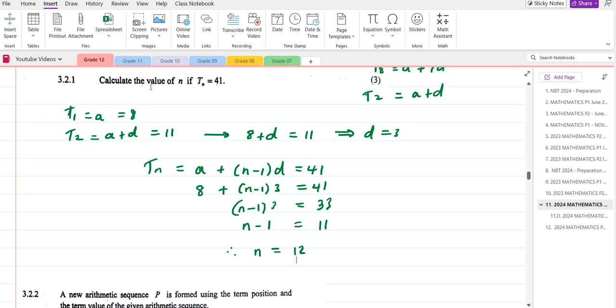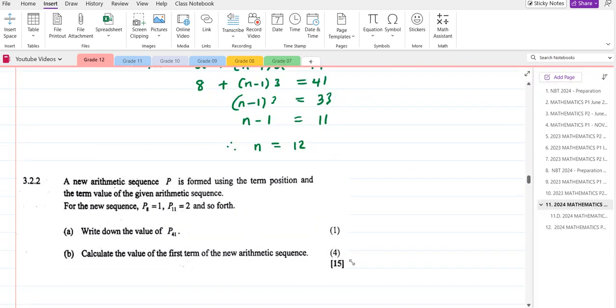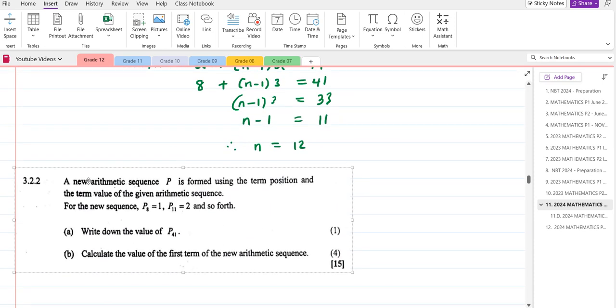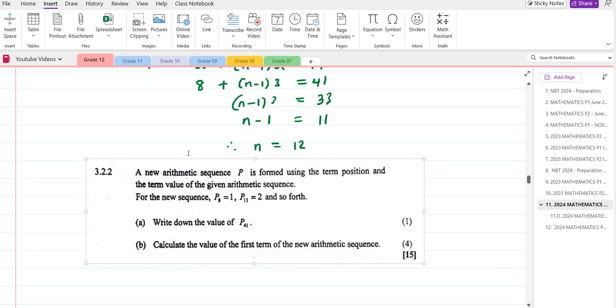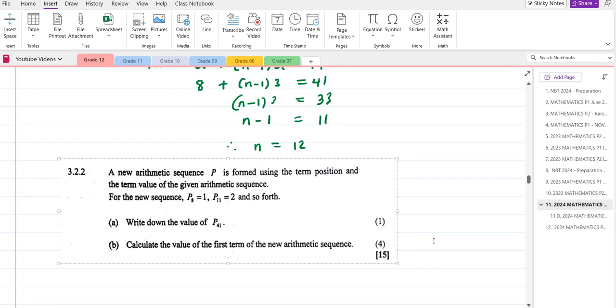Calculate the value of n if Tn equals 41. Moving on to the next question, which is 3.2.2. That's 3.2.1 and 3.2.2. Right, so it's a sub question of this. Right, so let's see. A new arithmetic sequence P is formed using the term position and the term value of the given arithmetic sequence.